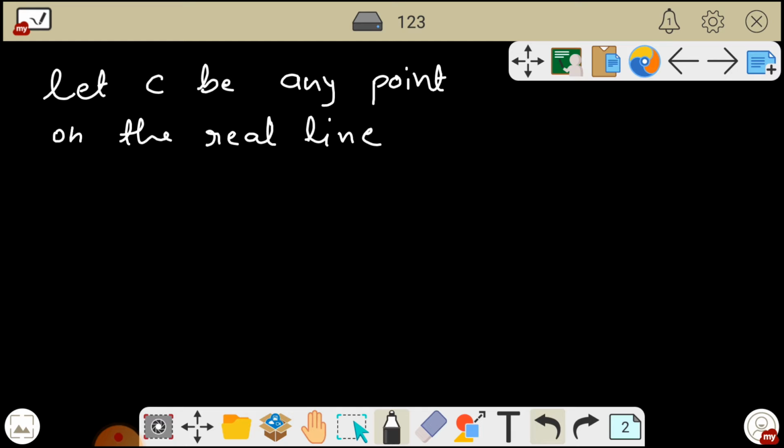Now we have three cases. Our point C is less than 0, our point C is greater than 0, and our point C is equals to 0. So let us start with case 1.